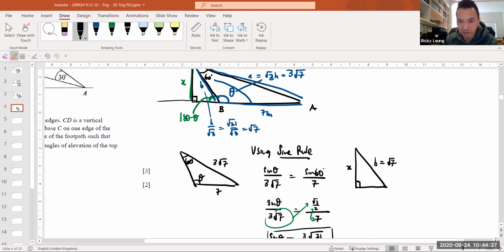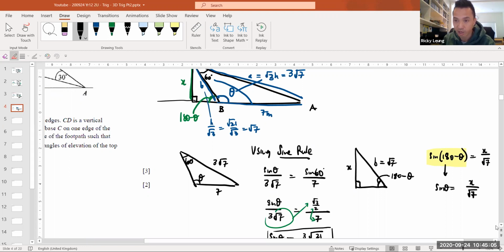And this angle here is 180 minus theta. Now, using my SOHCAHTOA, sine 180 minus theta equals opposite on hypotenuse. But using my all stations central, sine 180 minus theta is in the second quadrant and sine is positive there, so that's the same as sine theta. Is that all right?